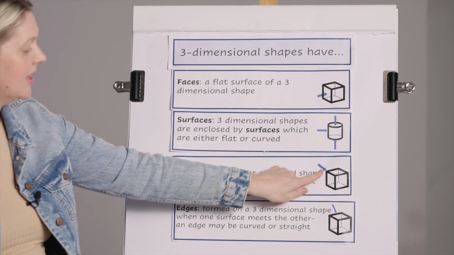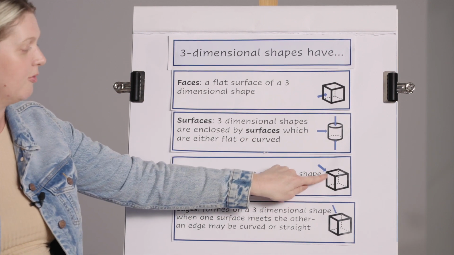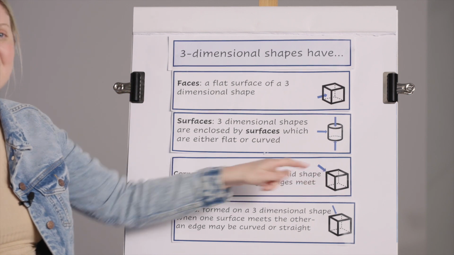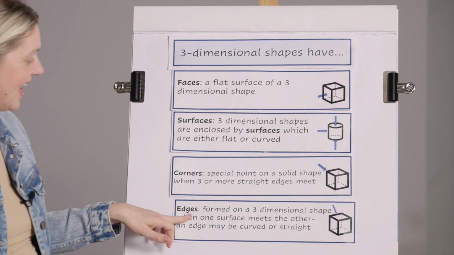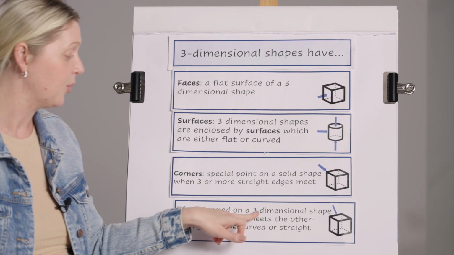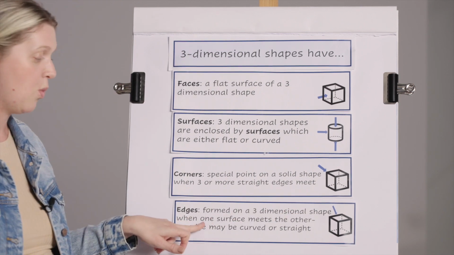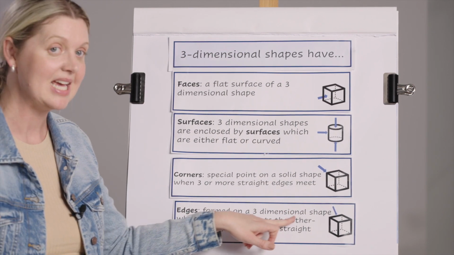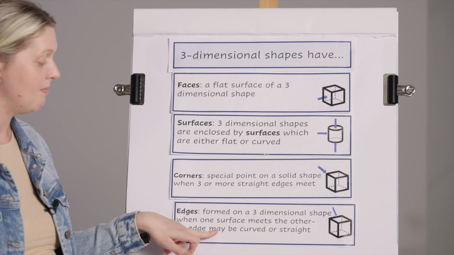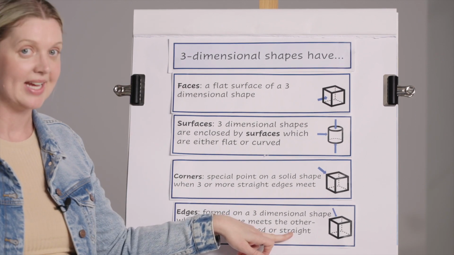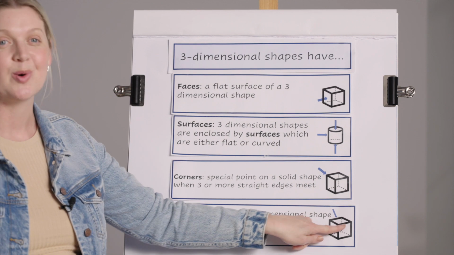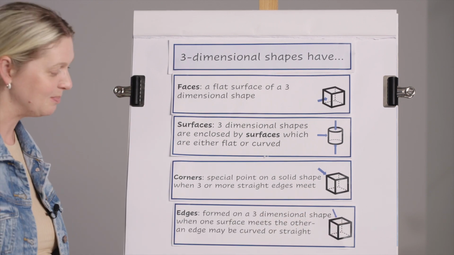So we can see the corner here because we have 1, 2, 3 edges meeting. And an edge is formed on a three-dimensional shape when one surface meets the other. An edge may be curved or straight, and on a cube all of the edges are straight.